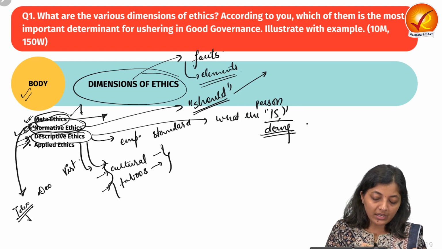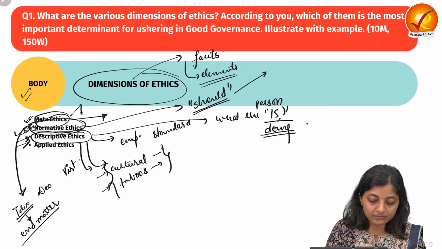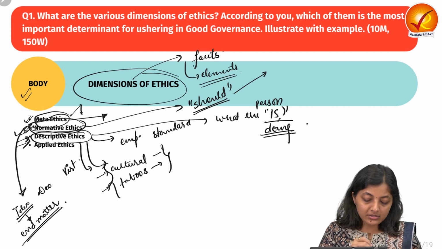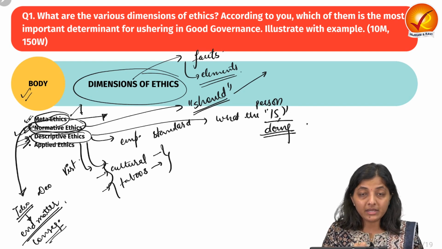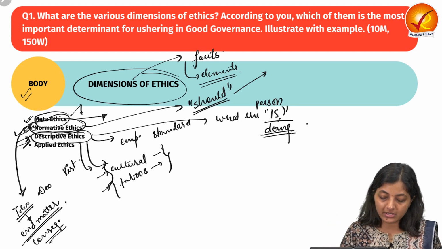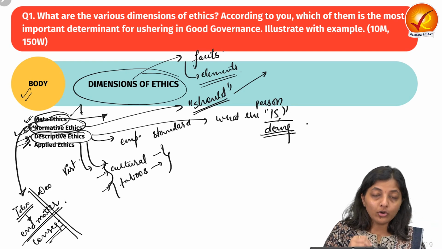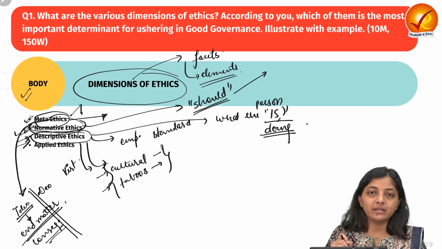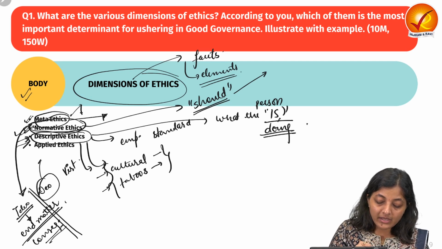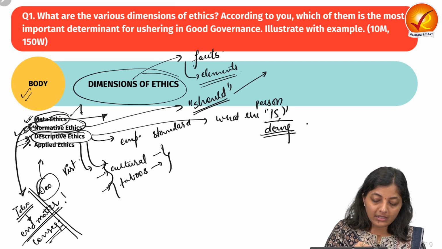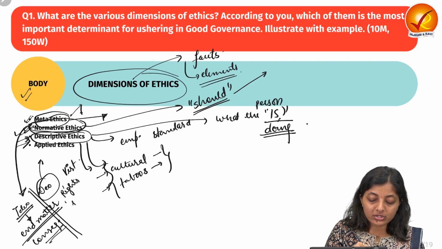The teleological approach means only the ends matter, not the ways. So it is consequential. The behavior of the person should depend on the consequences. Deontological: the ways should matter, not the ends. Ways should be ethical, like the rights-based approach, justice should be there.